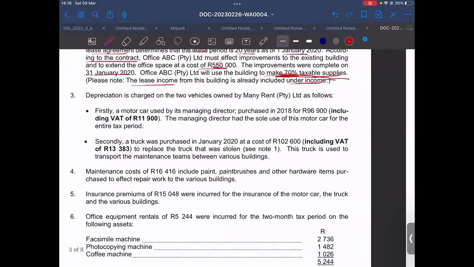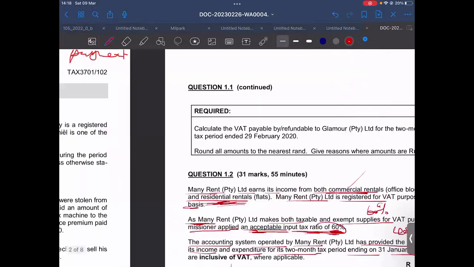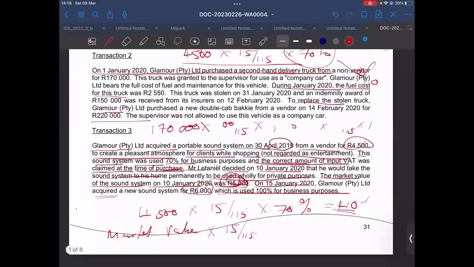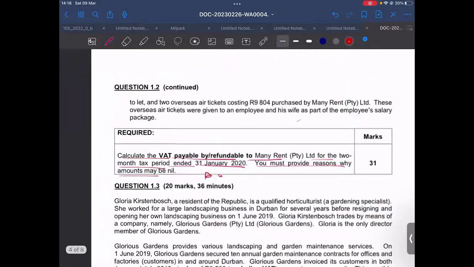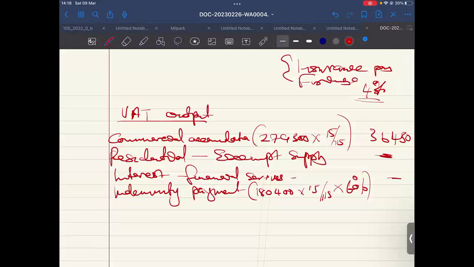So we come here and say improvements. With this one, don't stress about it. We're doing it for completion purposes. They are not going to test you on this one. Leasehold improvements, we'll deal with them in calculation of income tax.